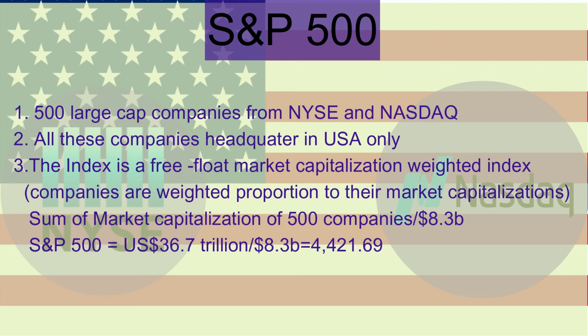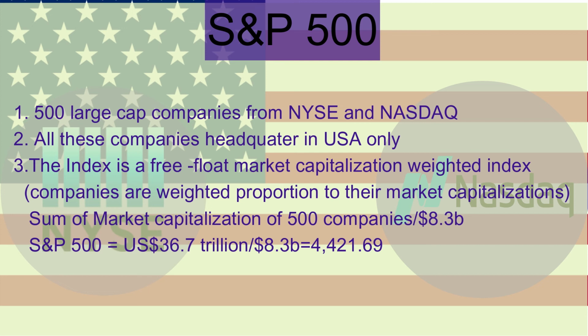If you sum the market capitalization of all 500 companies listed in the S&P 500, you get the total market capitalization of the S&P 500, which is 36.7 trillion US dollars on 30th of July 2022. And there is a divisor.